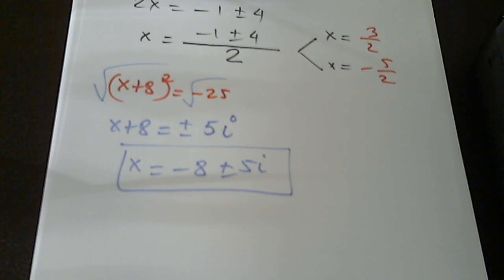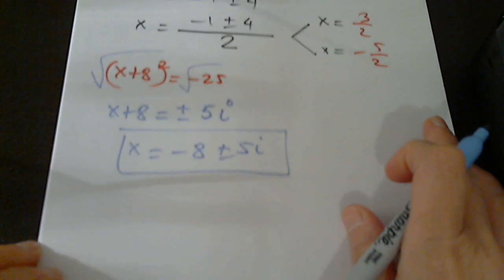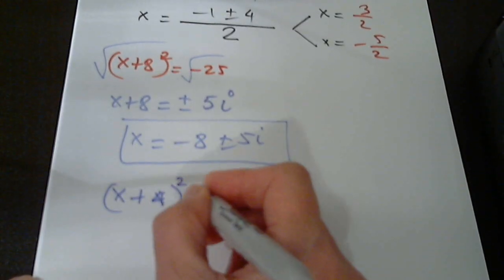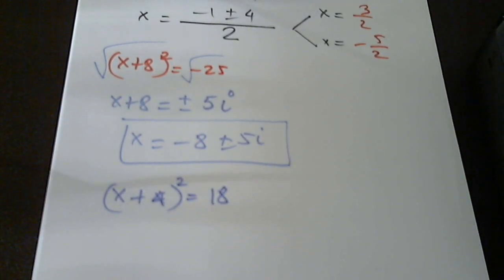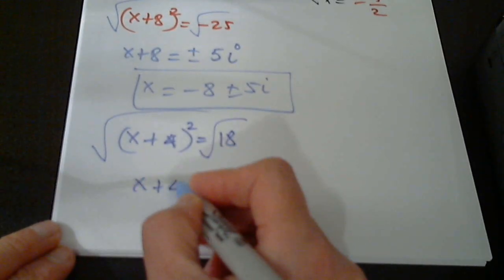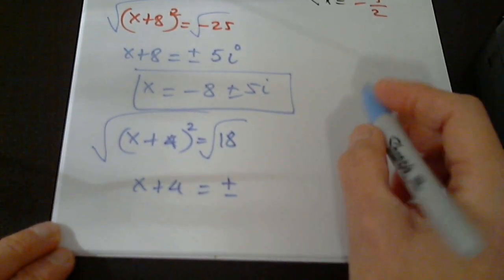Same thing, nothing different. What would you do first before you take the square root? This is already set up for us. What would you do first to simplify it? It's a must. Divide by 2. Yes. So in this situation, we have x plus 4 squared equals 18, since 36 divided by 2 is 18. Careful, when you take the square root, you have x plus 4 equals plus or minus the square root of 18.